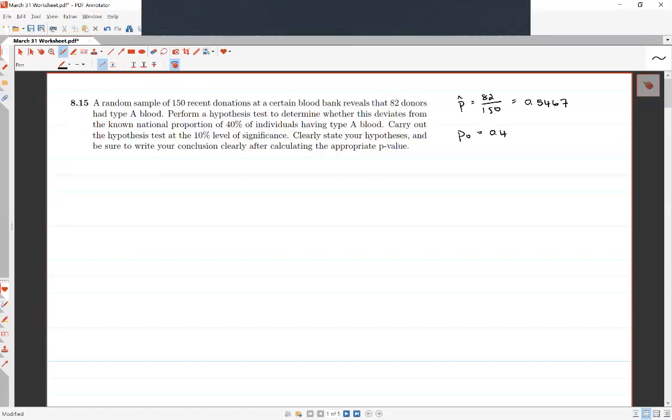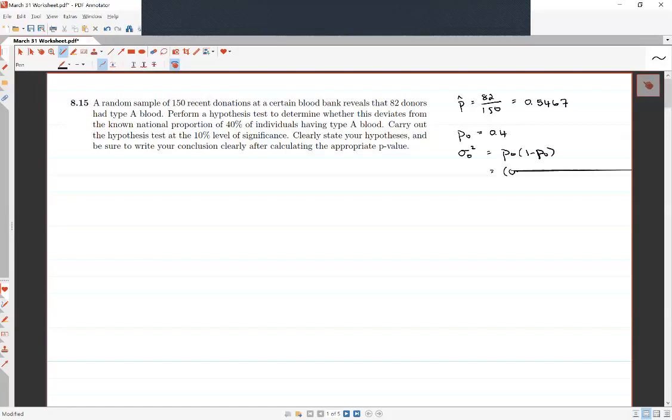And the moment you identify that you're testing a hypothesis about a proportion, you should think, in addition to needing p hat and p naught, if you want to calculate your test statistic, you're also going to need some estimate of variance, which in this context is sigma naught squared, and that quantity is calculated as p naught times 1 minus p naught.